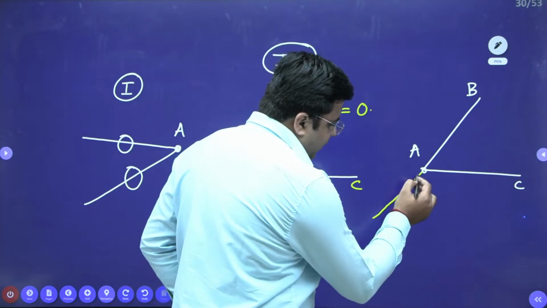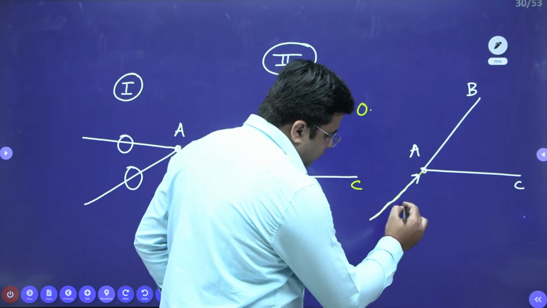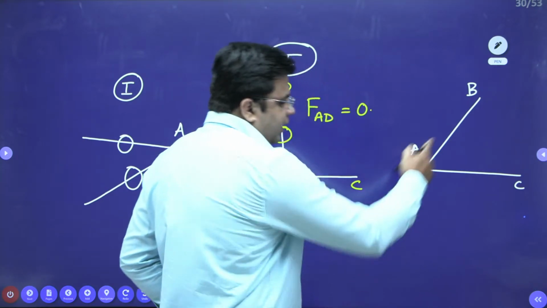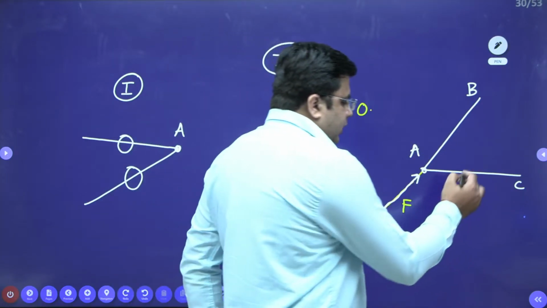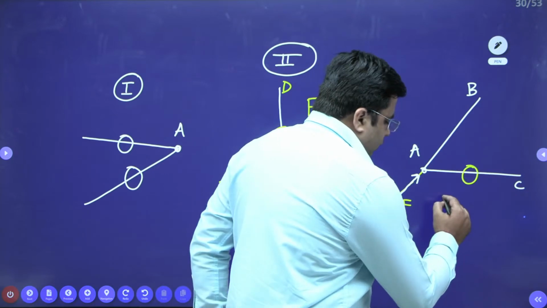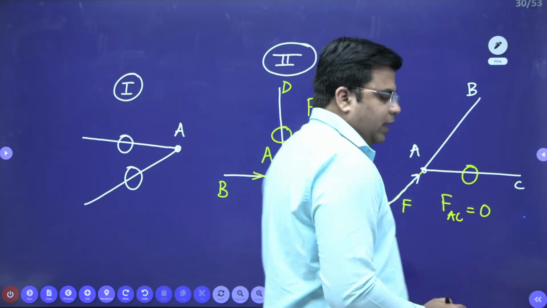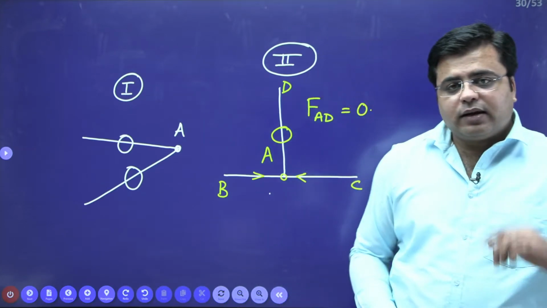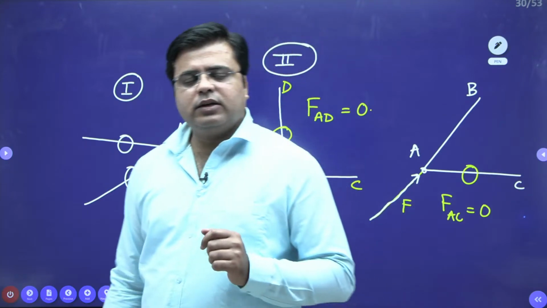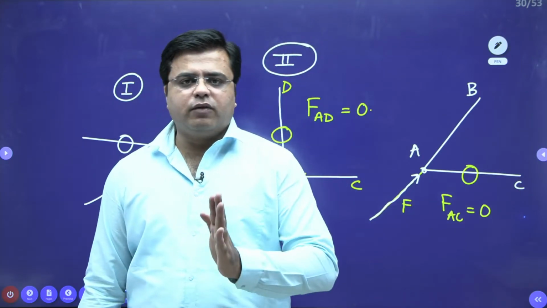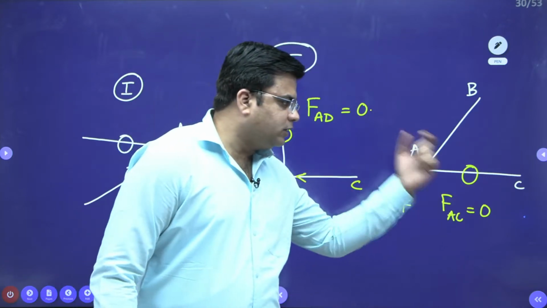So this is the force that is acting and it is collinear to the member AB. Then in this case, force in the member AC will be zero. So if two members are meeting at a joint and the external load or the support reaction is in line with one of the members, then in that case, force in the third member is zero, right?